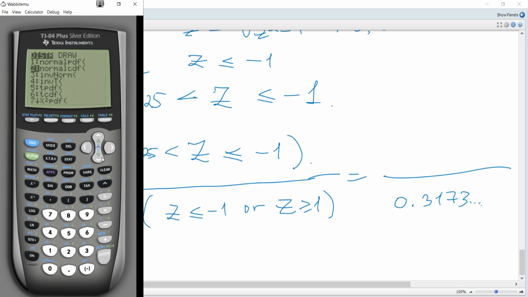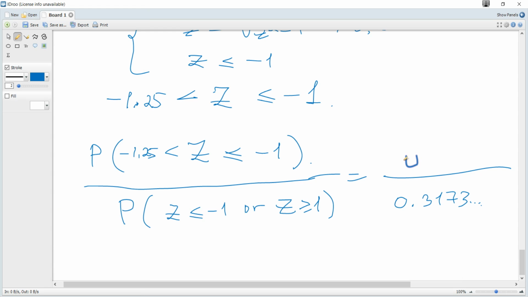And now we need just this, again normal CDF, lower is negative 1.25, upper is negative 1. Yes, and it's 0.0530 and so on.